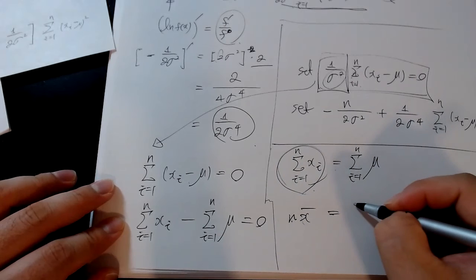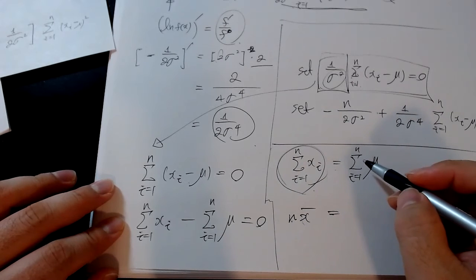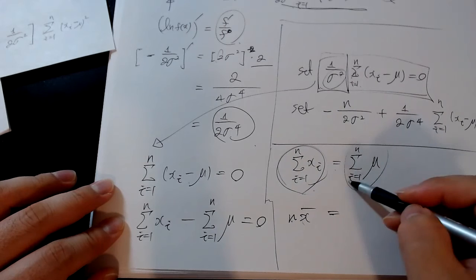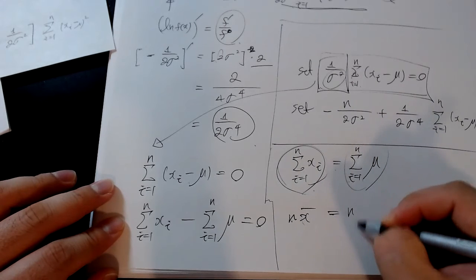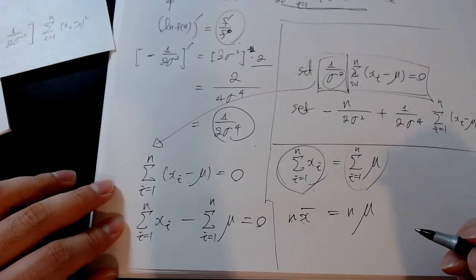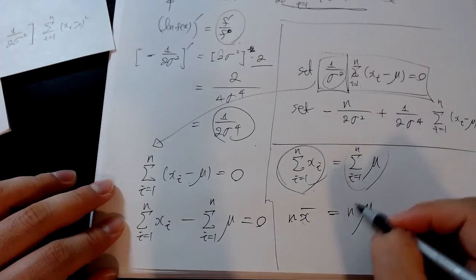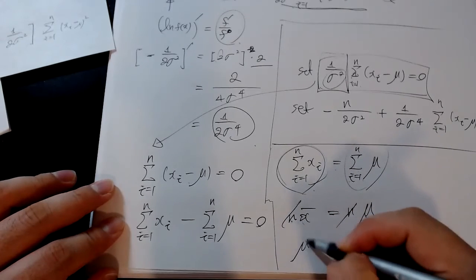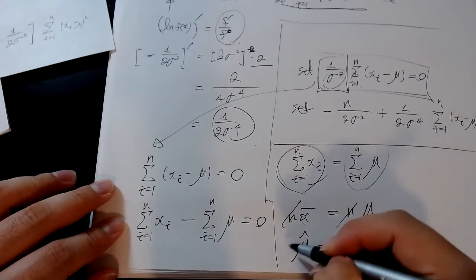And the summation of mu from i equals 1 to n is n times mu. So n cancels out, and we got mu equals x bar. So now we can say mu hat is equal to x bar.